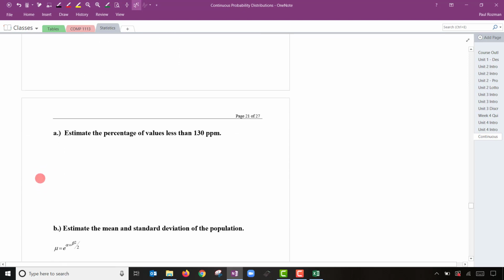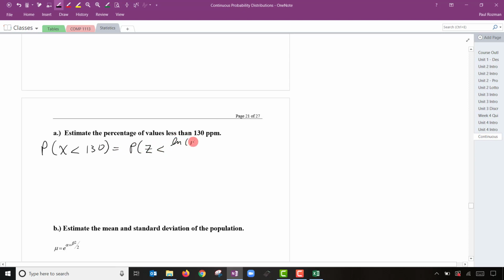Now we can do a problem where we could do modeling. What percentage of these values would we expect to be under 130 parts per million? Where X is the concentration. Again, we can just do the transformation and look it up in our table.